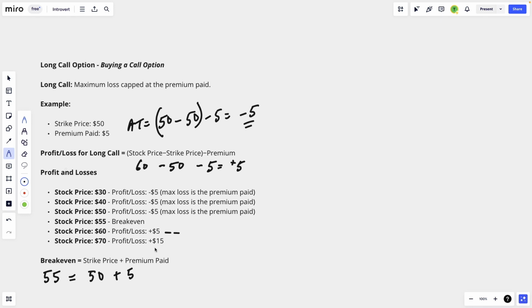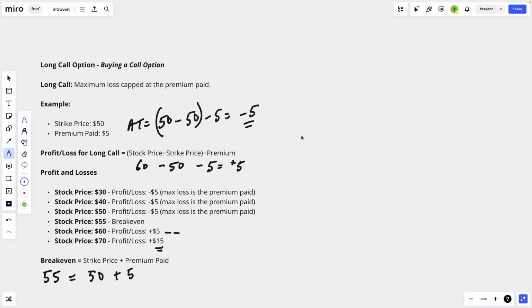Now we've got a profit of 15. We can buy at 50, sell at 70. We're up $20, and we paid $5 for that. So 20 minus 5 is 15. So we're up 15. So that's just a quick run through of these various scenarios.